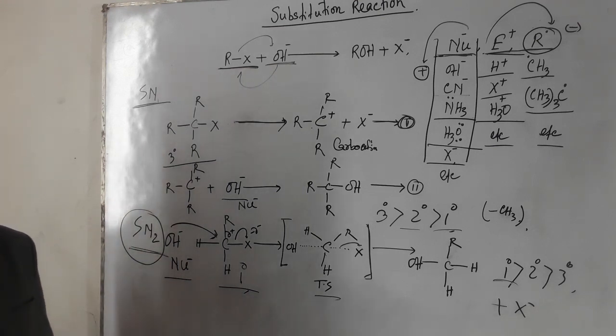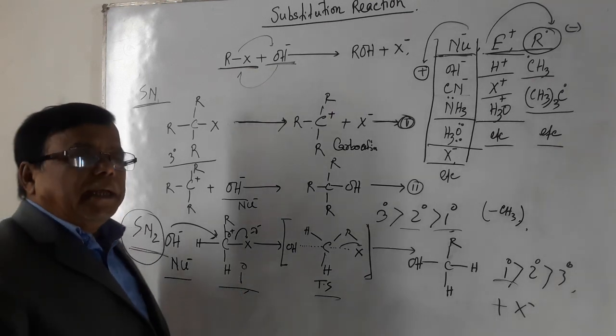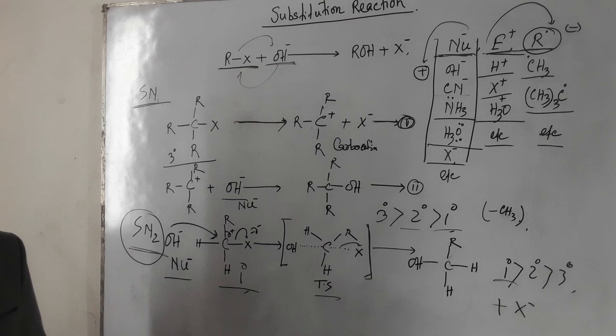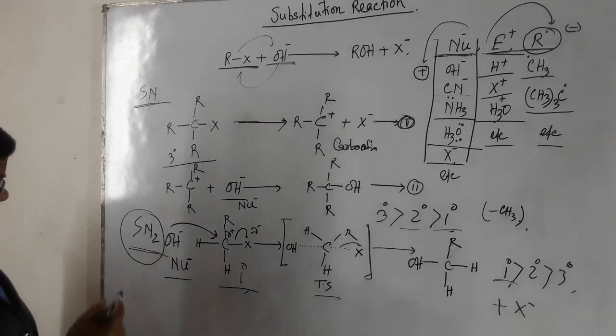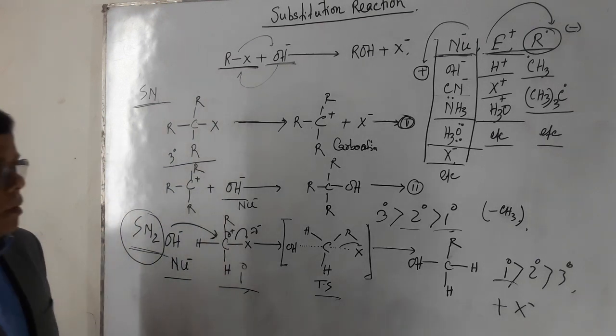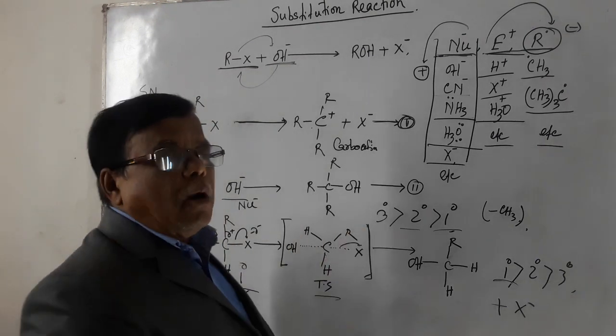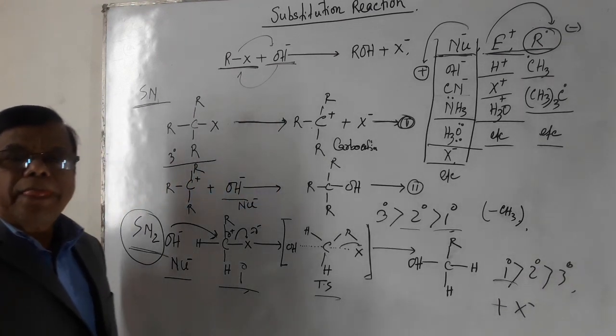That is, for the Sn1 reaction, the rate for 3 degree alkyl halide is greater than 2 degree, and 2 degree is greater than 1 degree. In the case of bimolecular substitution reaction, it is the reverse of Sn1 reaction.